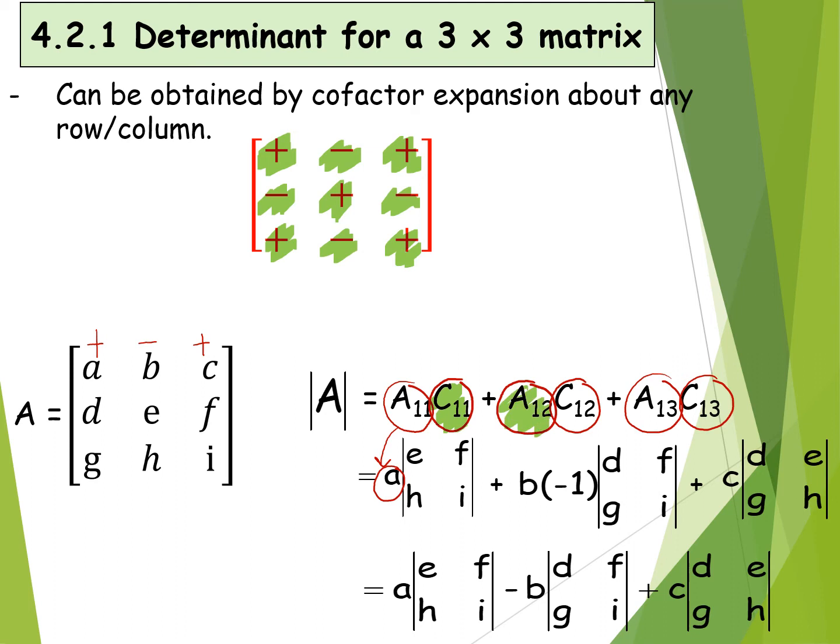A12 is the element B. Here we have the negative sign, so that's why we put negative 1 here. And C12 means we delete the first row and the second column, so that we will get the determinant of D, F, G, I.